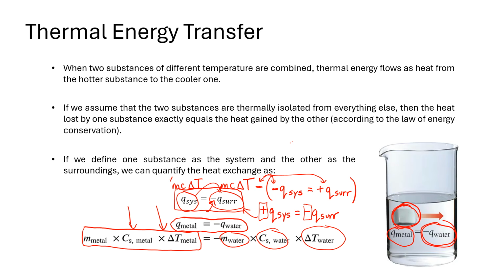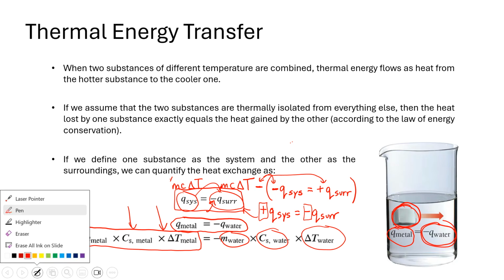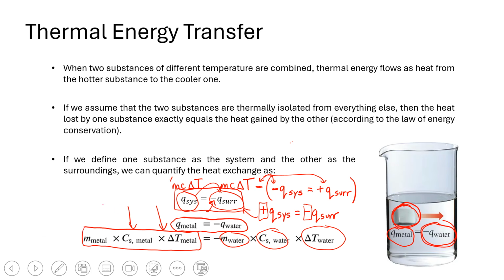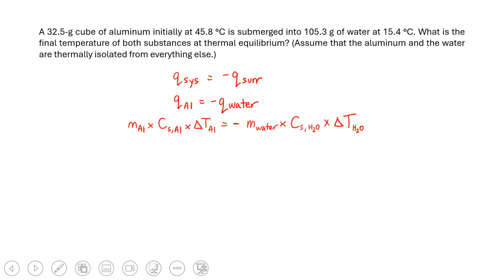At some point, both of those objects are going to be the same temperature. The metal is losing some temperature to the water, and the water is gaining a certain amount. At some point, they equilibrate. So the bottom line is that the final temperature for both the aluminum and the water is going to be the same.